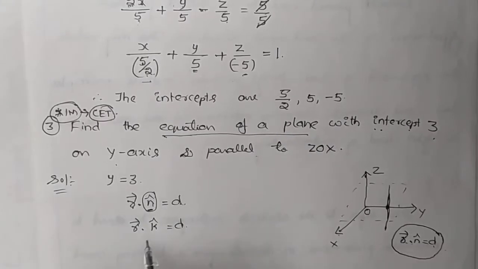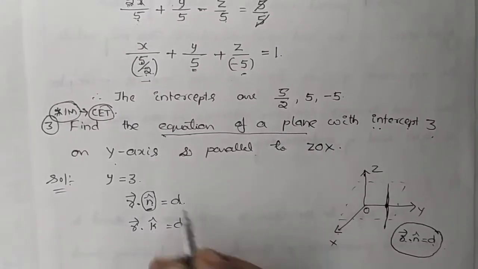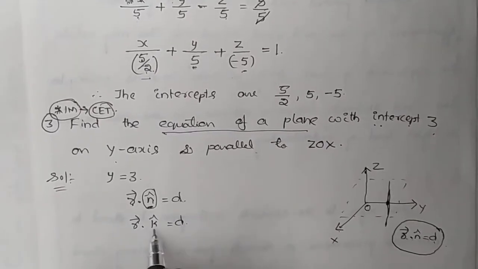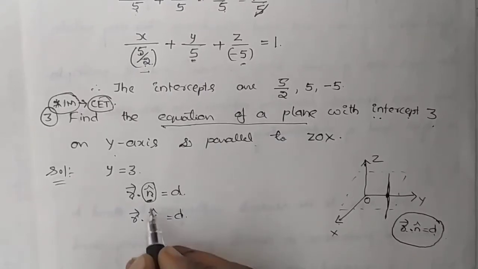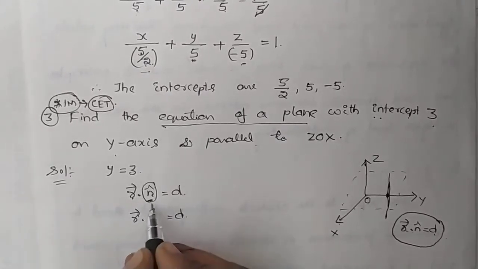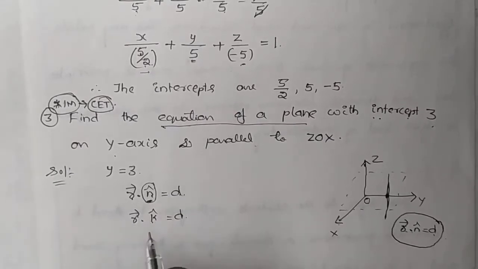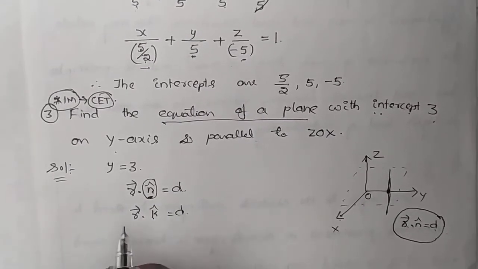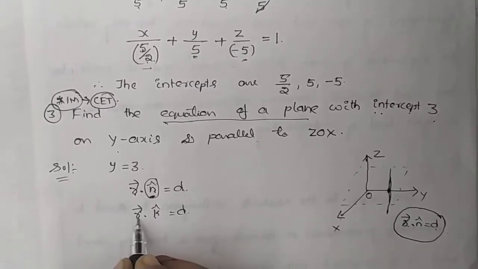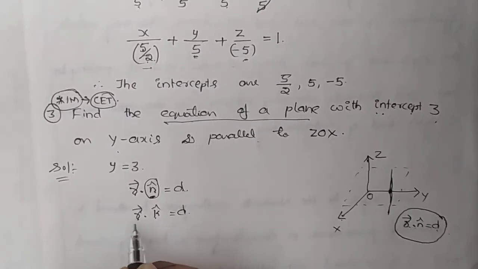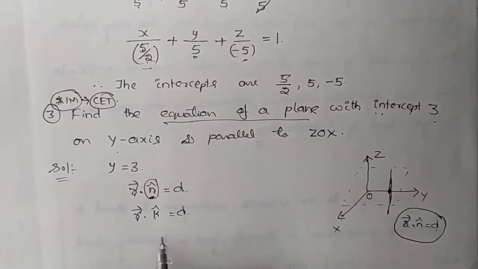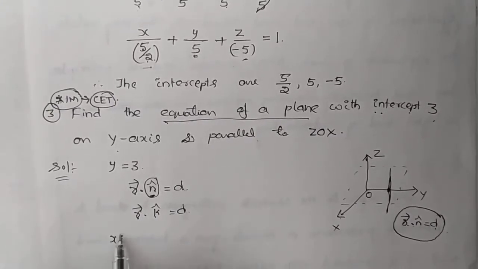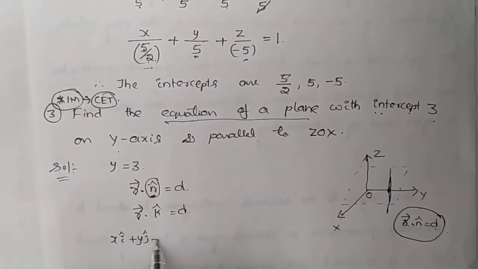I'm just changing the unit vector n cap to k cap; if you want, you can keep it as n cap. The r vector is the position vector of the point P with respect to the origin, xi plus yj plus zk.